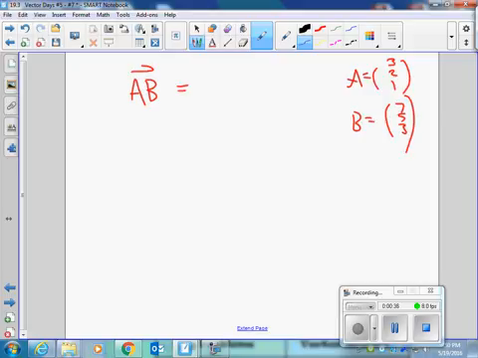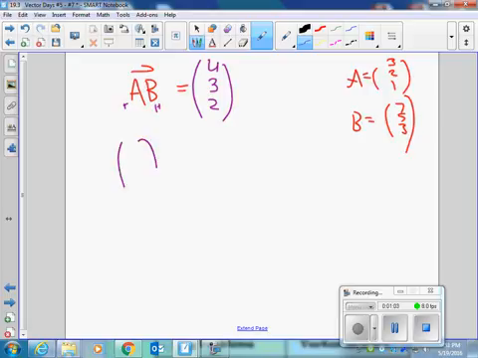B is the head and A is the tail. So we always go head minus tail. So 7 minus 3 is 4, 5 minus 2 is 3, 3 minus 1 is 2. That is the direction vector AB. So one thing you've got to be able to do is take 2 points, find a vector AB. Everybody's clear on that? Head minus tail.